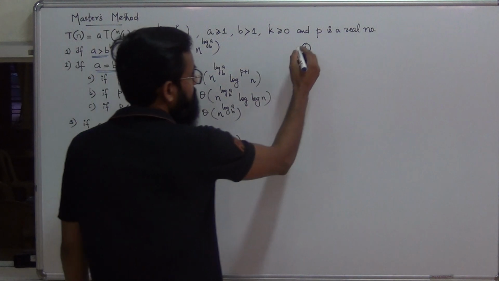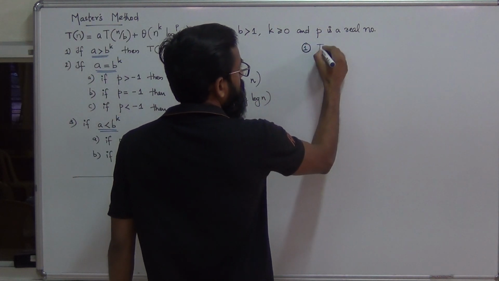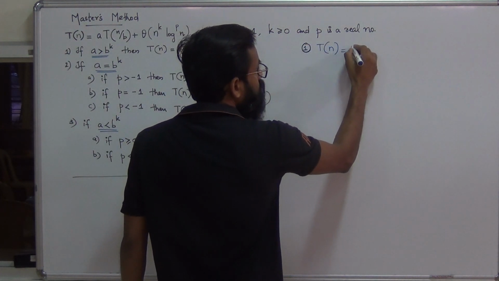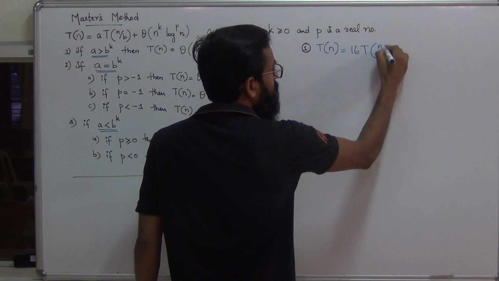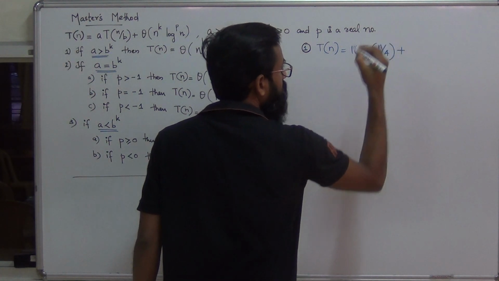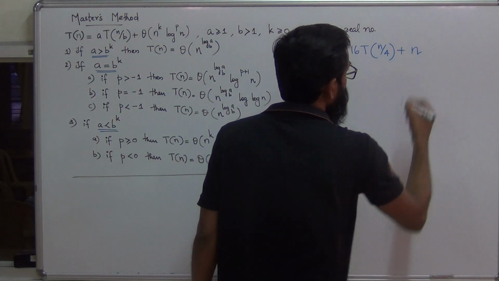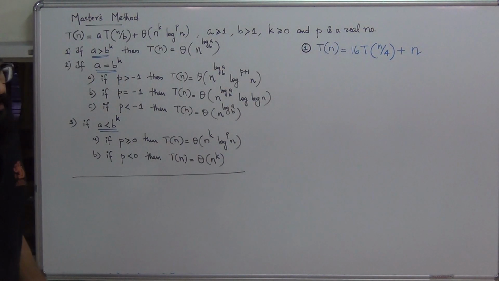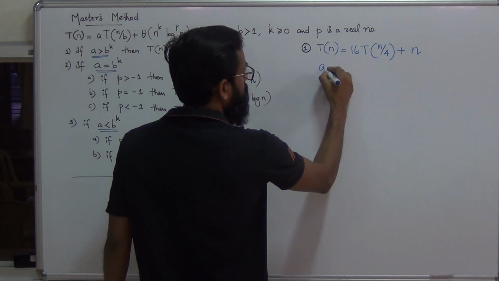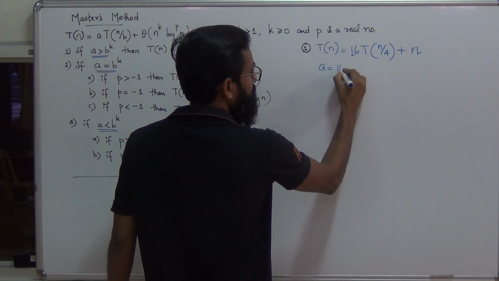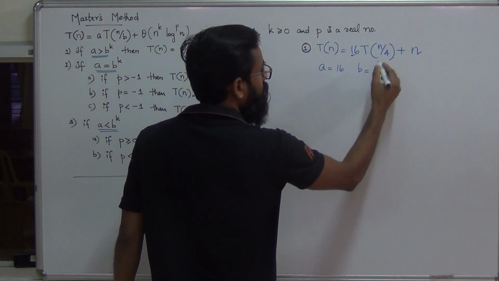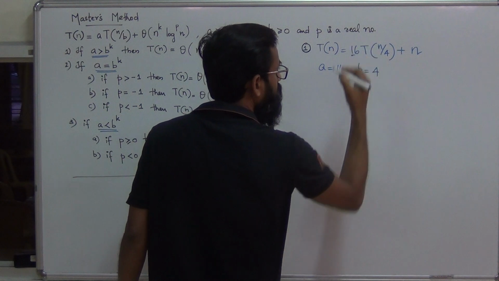So let us consider an example. T(n) is equal to 16T(n/4) + n. What is a here? a is equal to 16, b is equal to 4.